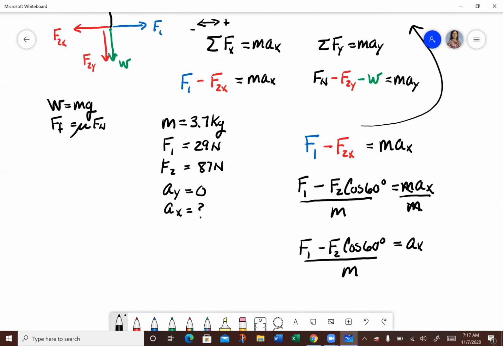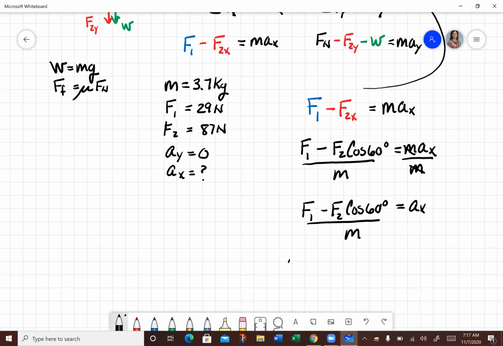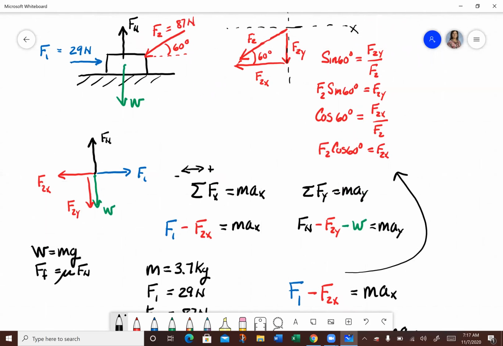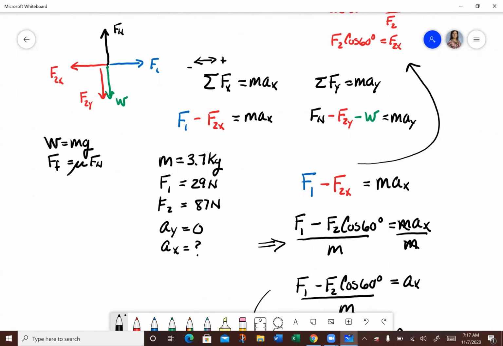So plugging these in, 29 newtons minus 87 newtons times the cosine 60 degrees all over the mass of 3.7 kilograms gives you AX. So everybody should have this equation. Your work should look the same. The difference in each one of your problems is the numbers that you're going to plug in there. That's why it's beneficial to do all that work. Don't worry about plugging in numbers until the end.